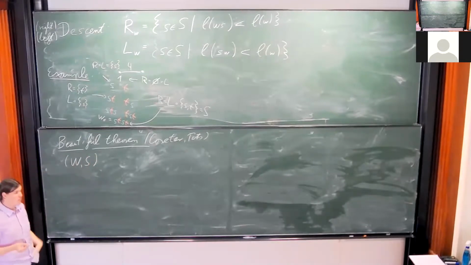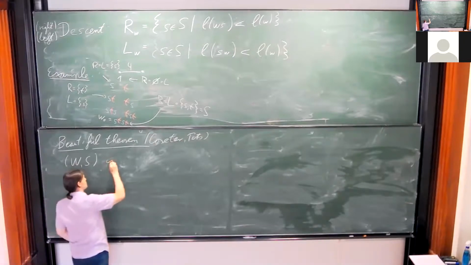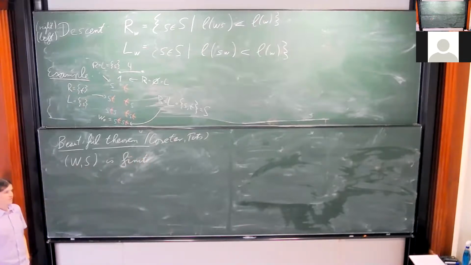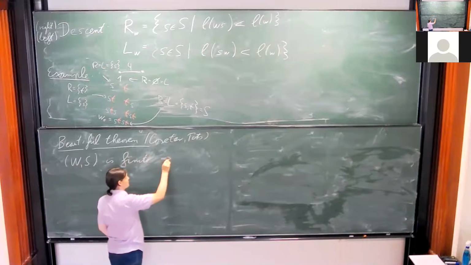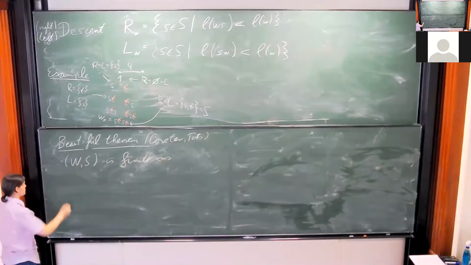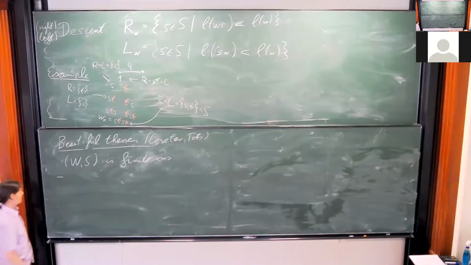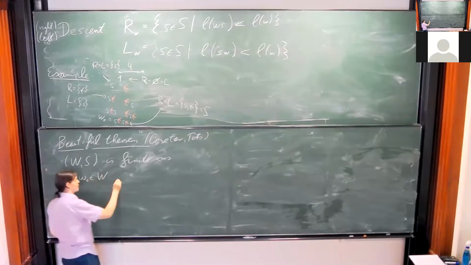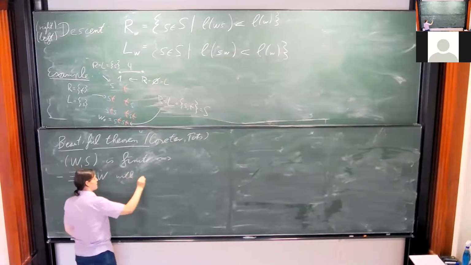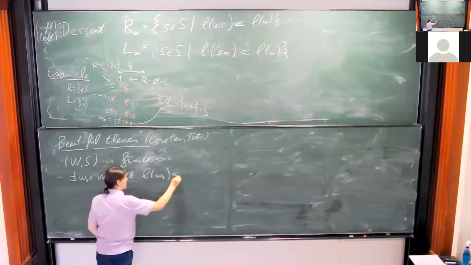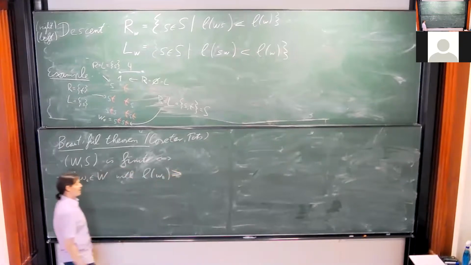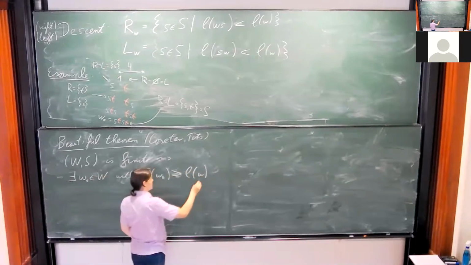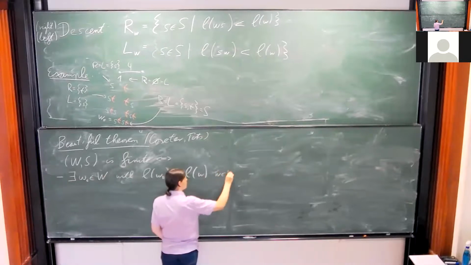So, (W, S) is a finite Coxeter system, meaning W is finite, if and only if: first thing, there exists a longest word, it should be strictly longer than all others.